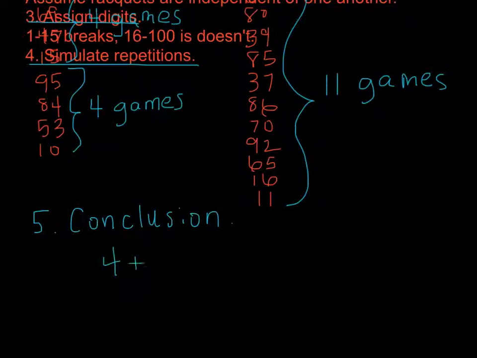We had 4, 4, and 11. If we divide that by 3, we get 6.3 repeating. And so my conclusion would say that on average, it will take 6.3 or 6 1/3 games before Brian will break a racket. Again, you'd want to do more repetitions, but this at least gives you the idea.